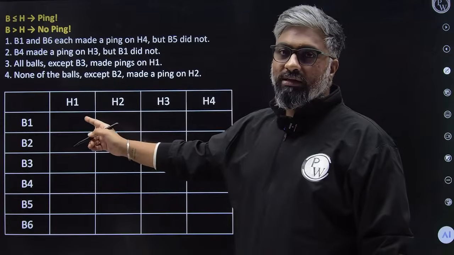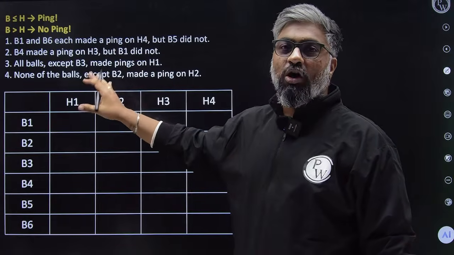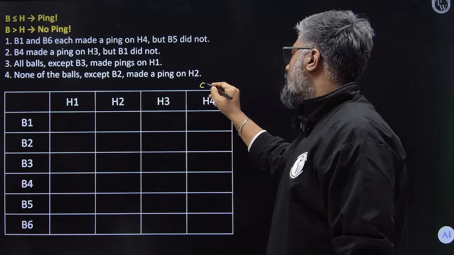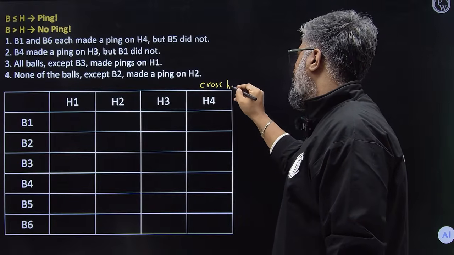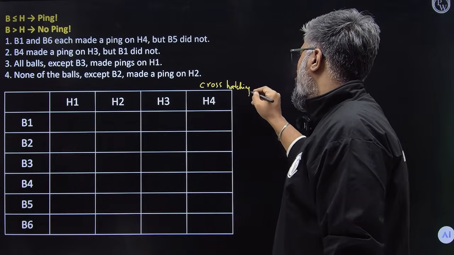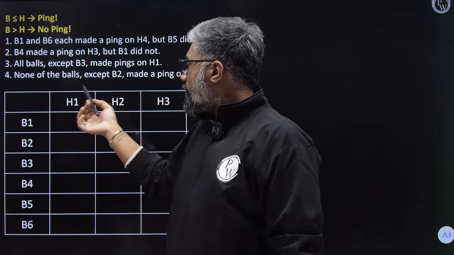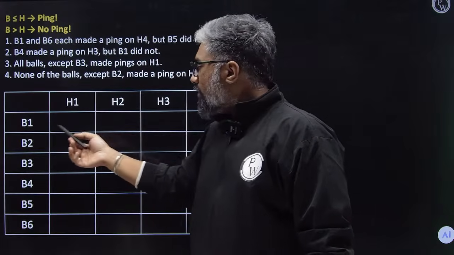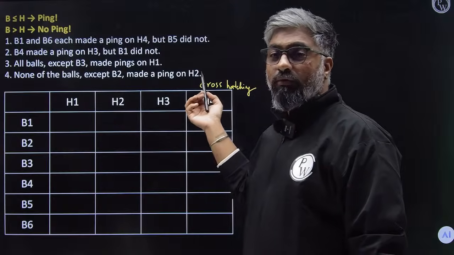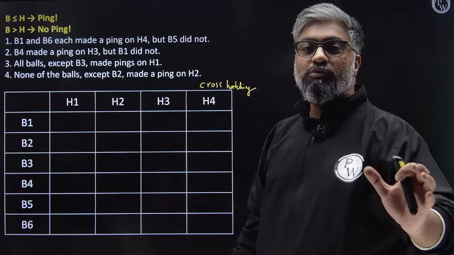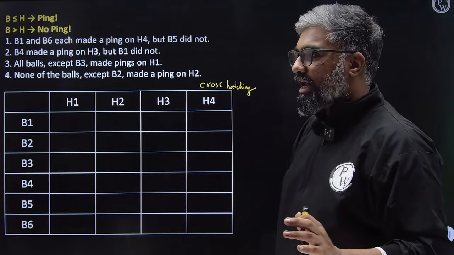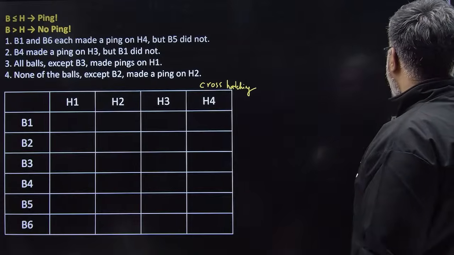We will do the tick or cross method. That is cross hatching. This method is called cross hatching. So what I'm doing here is, what happens when ball 1 passes through hoop 1, hoop 2, hoop 3, hoop 4? What happens when ball 2 passes through the 4 hoops, ball 3 passes through the 4 hoops, and so forth. Easy for me to keep track of it. You did the same, Manju. Very good.